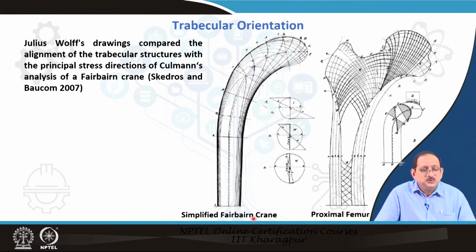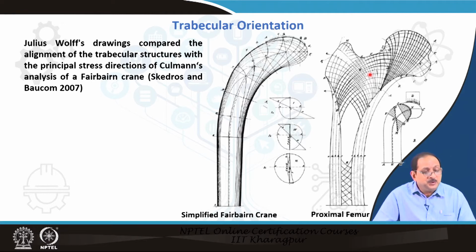The figure shows that the principal stress directions, owing to the vertically applied load at D, can roughly be compared with those of the proximal femur.